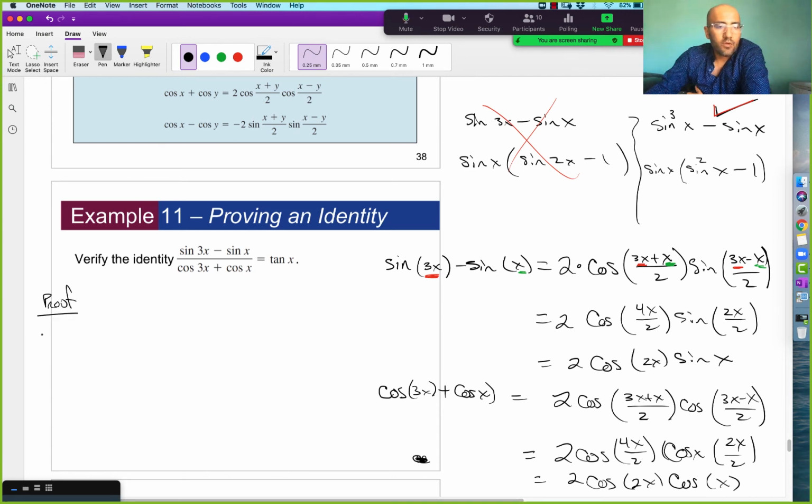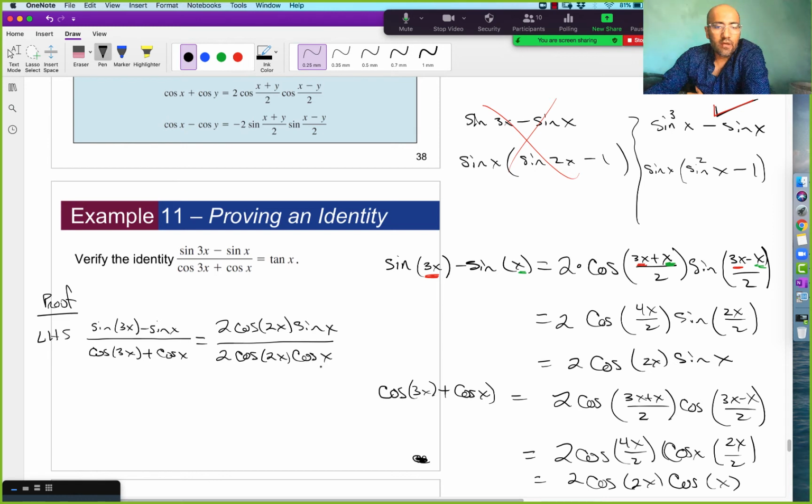Proof. We start with the left-hand side, which was equal to sine of 3x minus sine of x, all over cosine of 3x plus cosine of x. This is equal to 2 cosine of 2x sine of x, all over, this one was 2 cosine of 2x cosine of x.